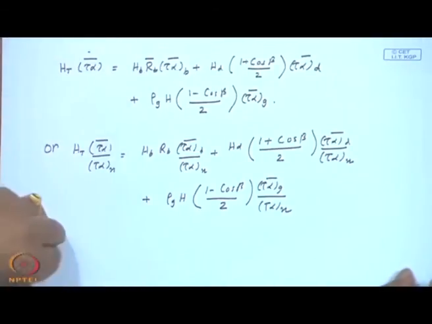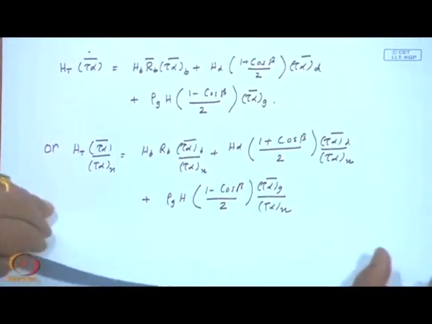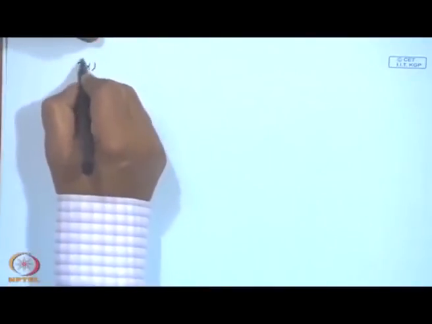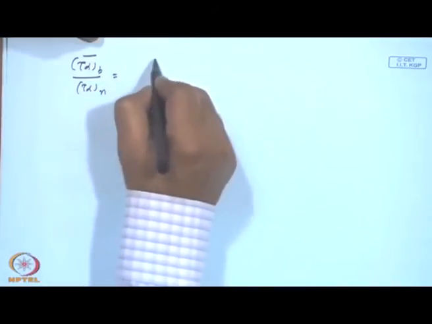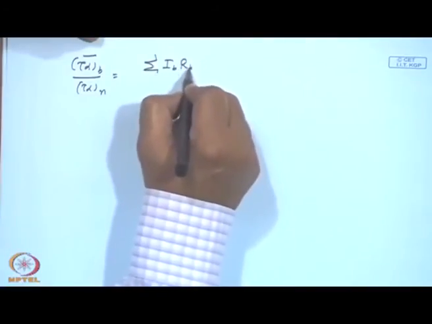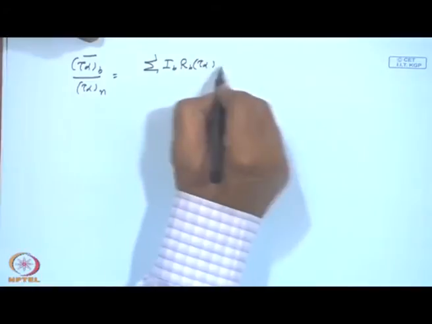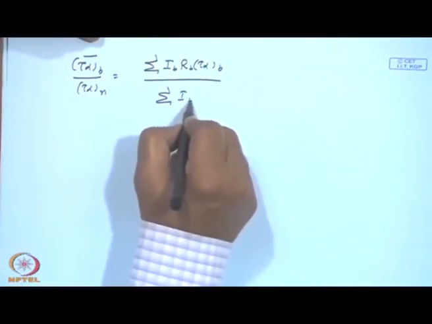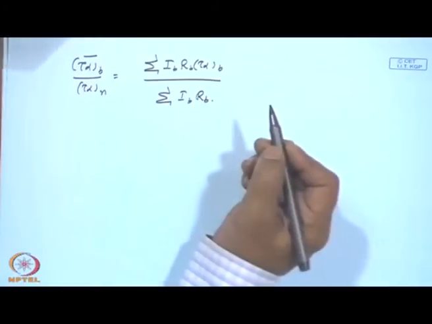All right. Like we had defined, tau alpha bar should be equal to summation I b R b tau alpha b by summation I b R b.